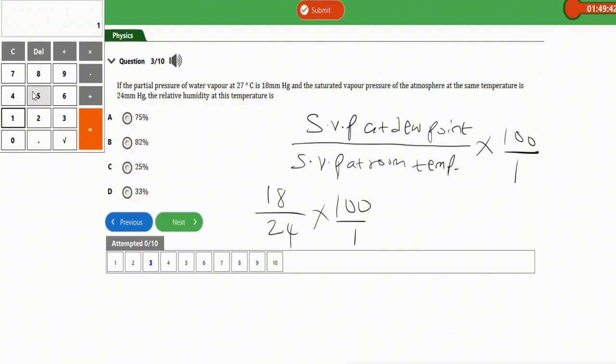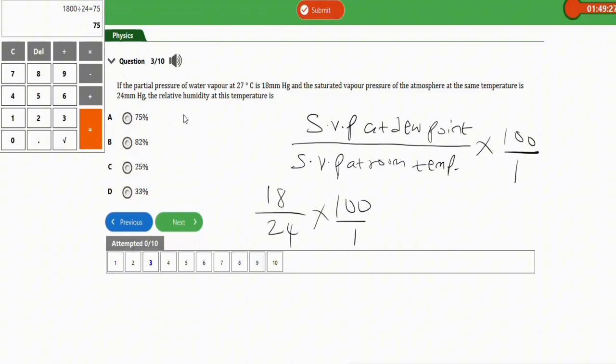So we have 18 times 100, divide this by 24. So we have the output was 75%.